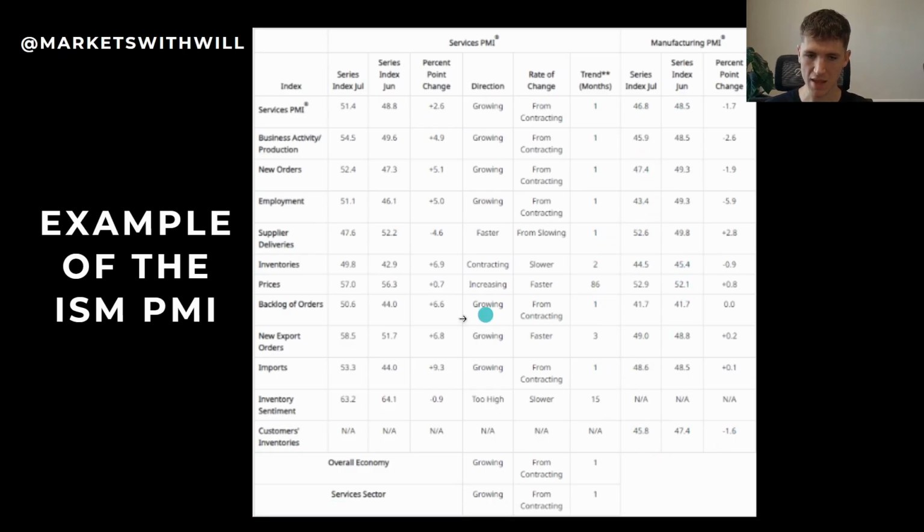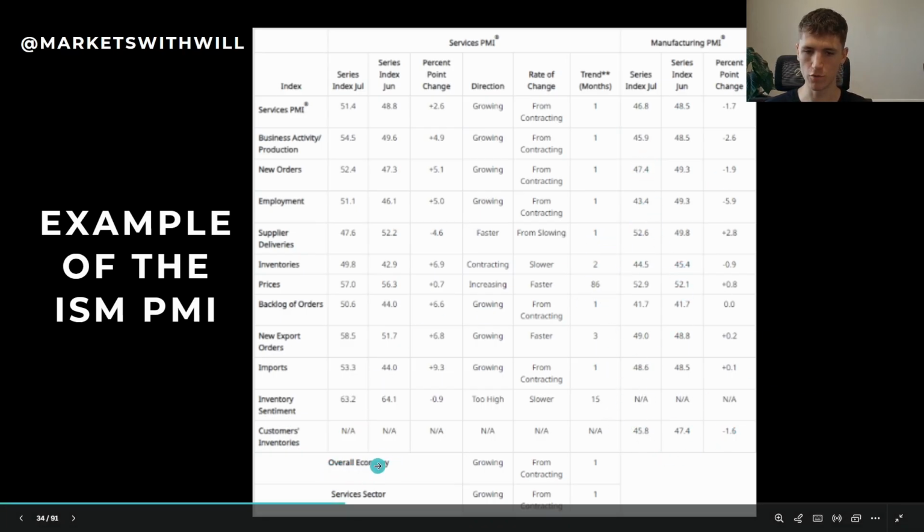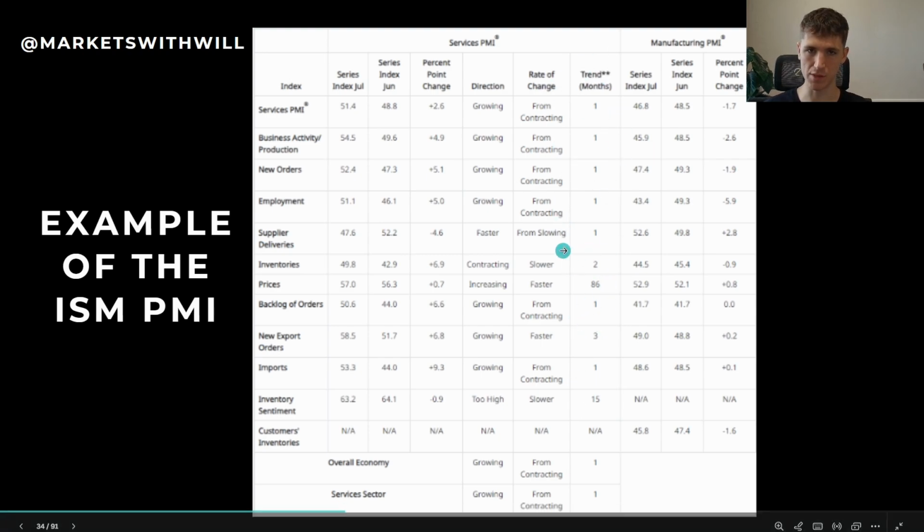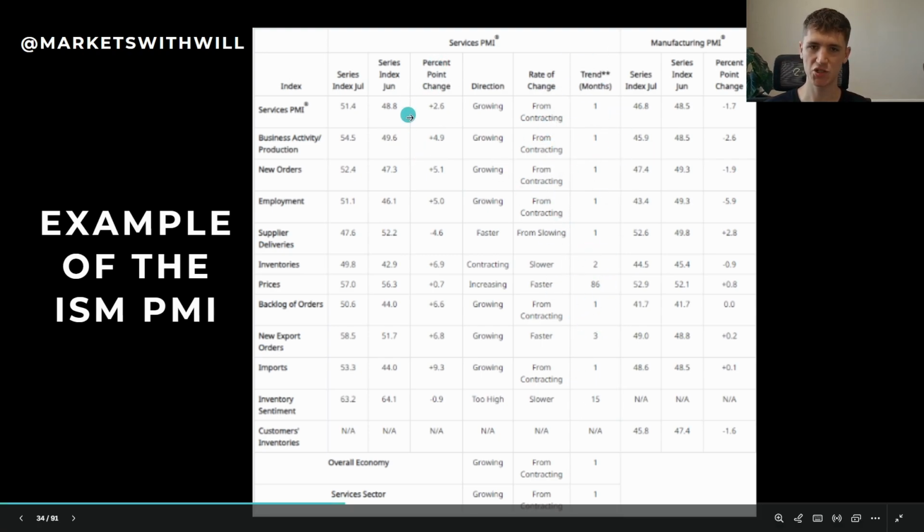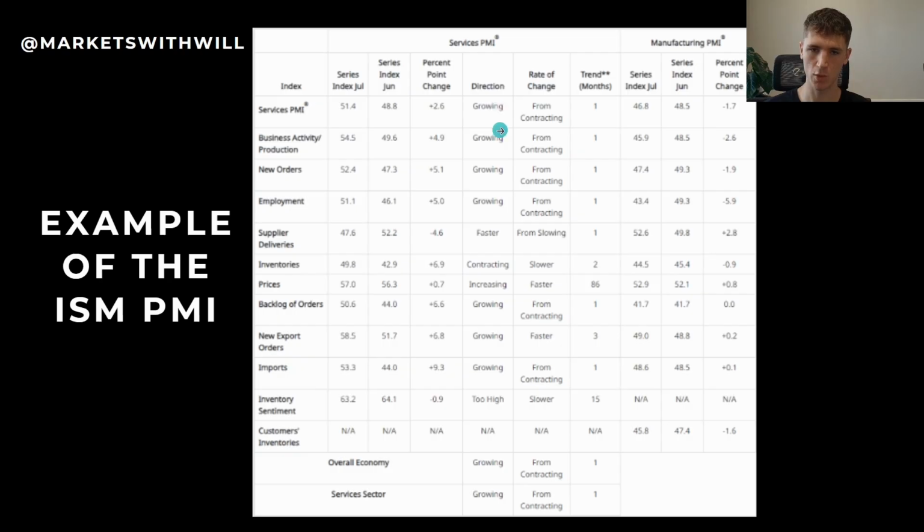And then obviously we can see at the bottom, overall economy and services sector growing from contracting. And this is the month over month release. In this section here where we can see direction, this table already shows us whether or not it's growing faster, contracting, or increasing. Down here we can see 64.1.